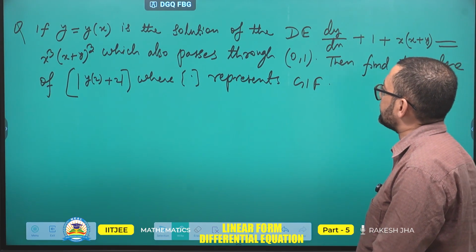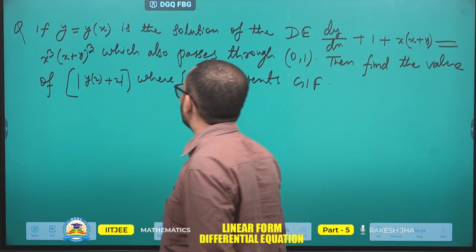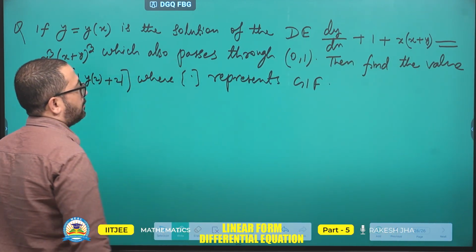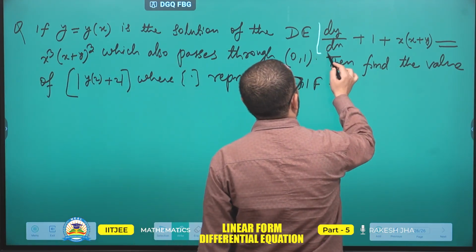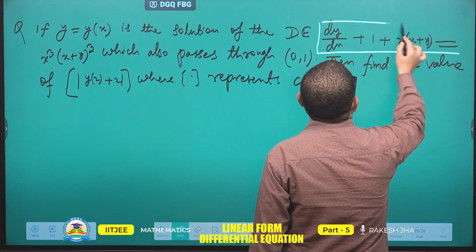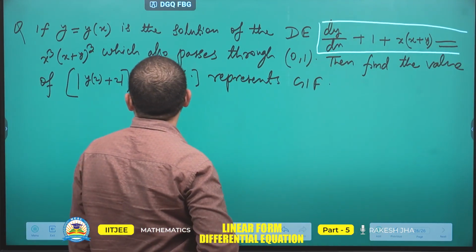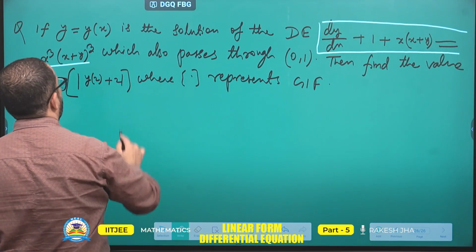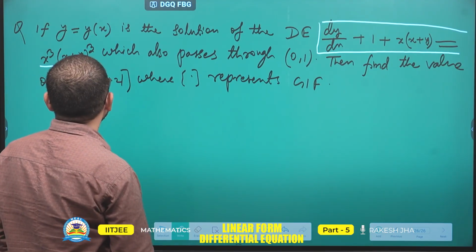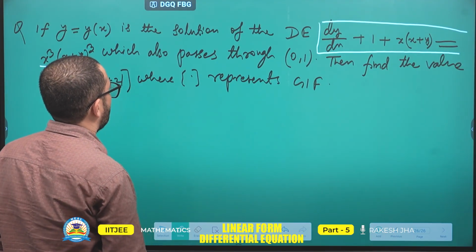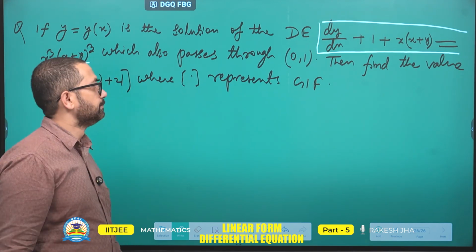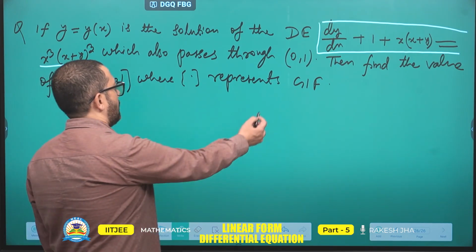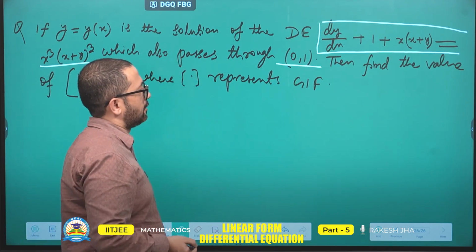The question says: if y equals y of x is the solution of the differential equation dy by dx plus (1 plus x) times (x plus y) is equal to x cube times (x plus y) whole cube, and passes through (0, 1), we have to find the particular solution.